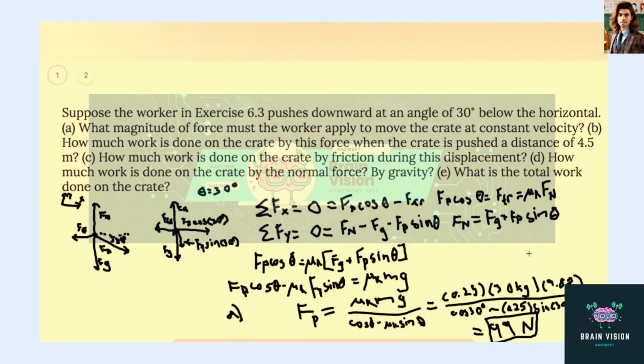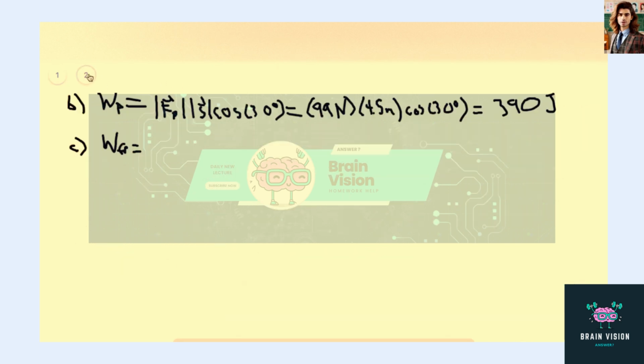And we have our expression for Fn here. So we will use that to substitute into our expression for work in a moment. And the friction is acting opposite to the displacement, so the angle between the two here is 180 degrees.